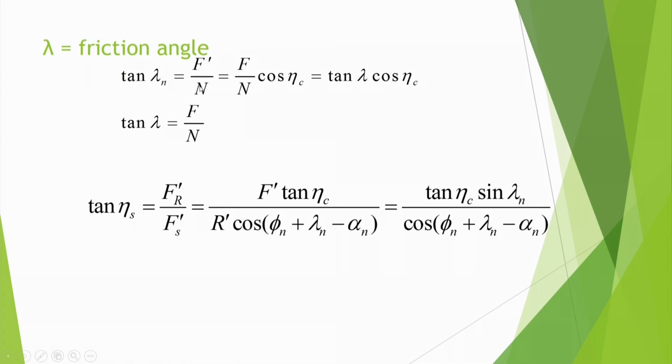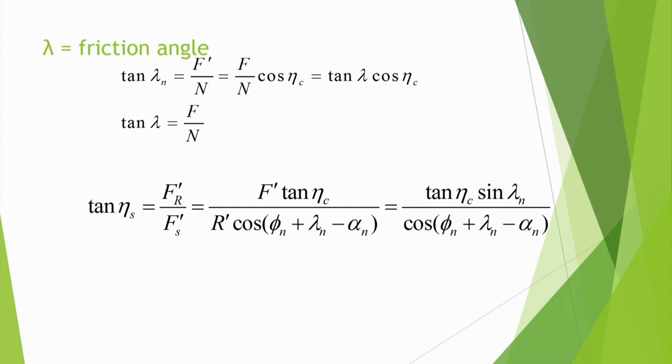So in this case, tan lambda n becomes F dash by N, but F dash is basically F times cos eta c, the chip flow angle. So this becomes tan lambda into cos eta c.